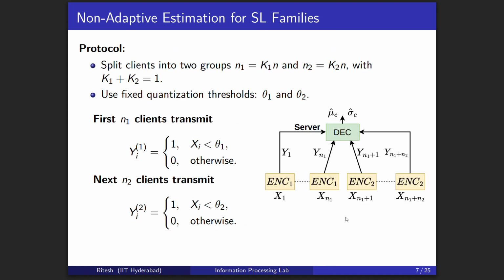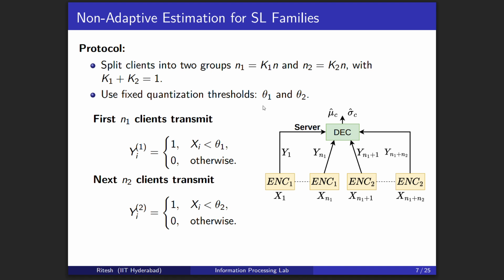So now let's discuss them one by one. Non-adaptive estimation for a scale-location family. In this scheme or protocol, we split clients into two groups, N1 and N2, with fractions K1 and K2, and we use the quantization thresholds theta 1 and theta 2 to encode our samples.